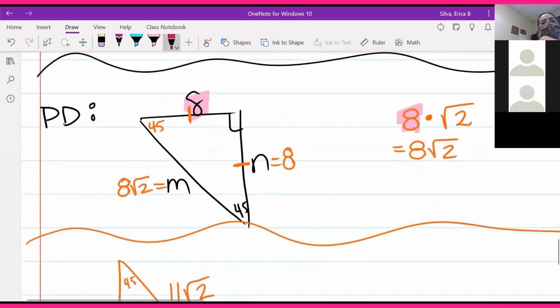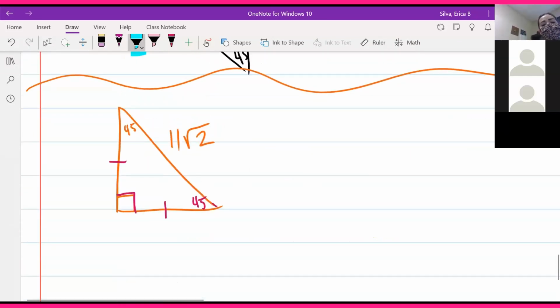If you guys notice over here, the two sides that are equal have a number, right? And notice the only thing that's different from those two sides. So if you work backwards, it's the same thing, where we're multiplying each side by the square root of 2.